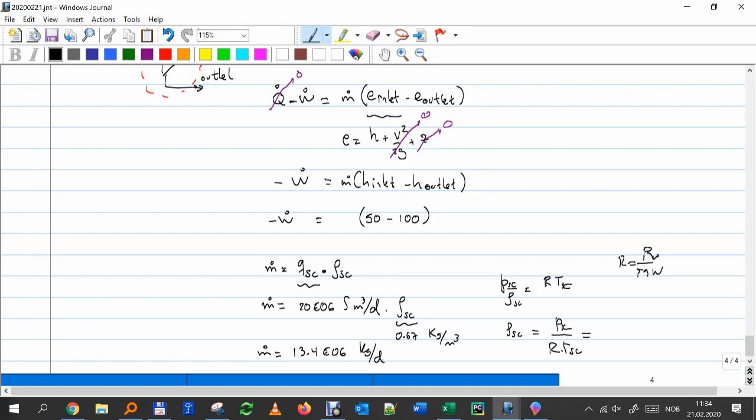That's how much is passing through the compressor in a day. 13 million kilograms of gas. A lot of gas passing through this compressor.